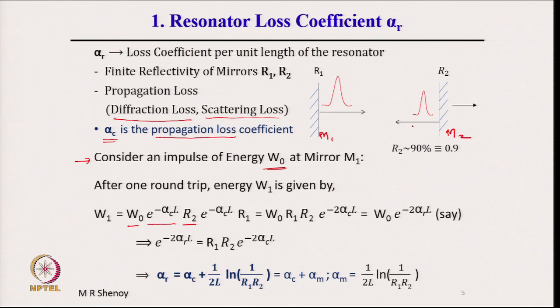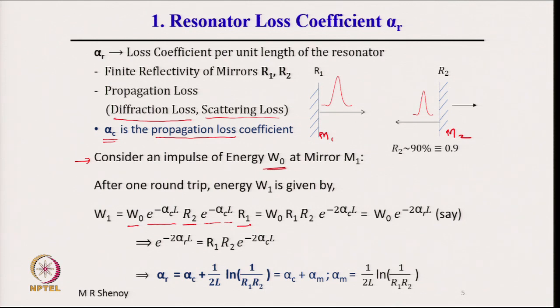As it propagates to the mirror M1, it again gets attenuated by a factor e to the power minus alpha c into L, and then it gets multiplied by R1, the reflectivity of mirror 1.